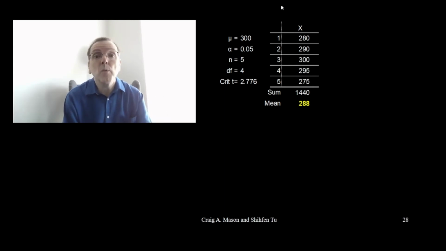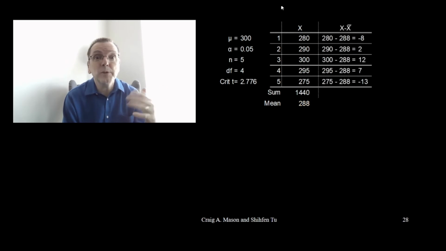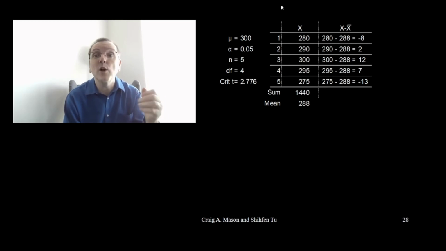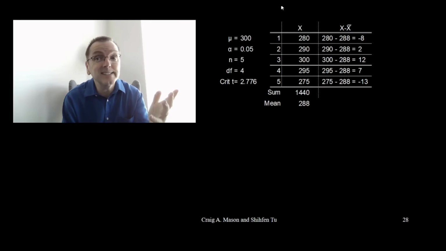Using our mean, we now calculate the deviations from the mean by subtracting 288 from each score, which gives us 280 minus 288 is negative 8, 290 minus 288 is 2, 300 minus 288 is 12, 295 minus 288 is 7, and 275 minus 288 is negative 13.